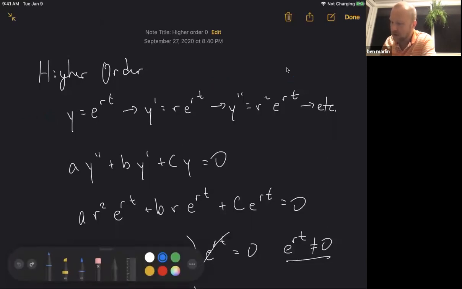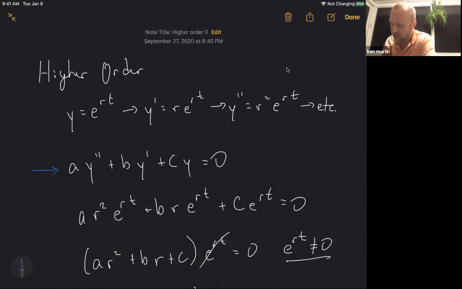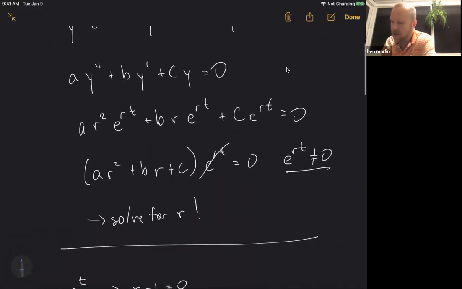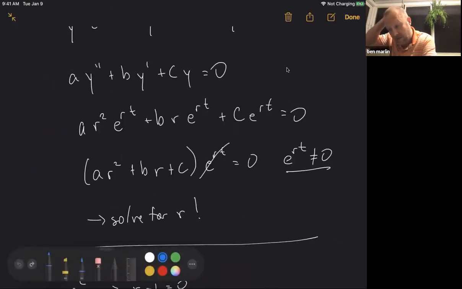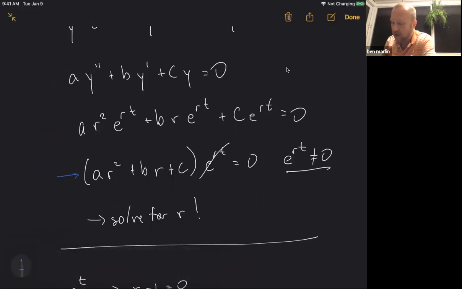The reason that's important is when we plug it into this equation down here, we get something of the form a r squared e to the rt plus b r e to the rt plus c e to the rt equals 0. That might not seem significant until you think about the fact that you can factor an e to the rt out of the whole thing.